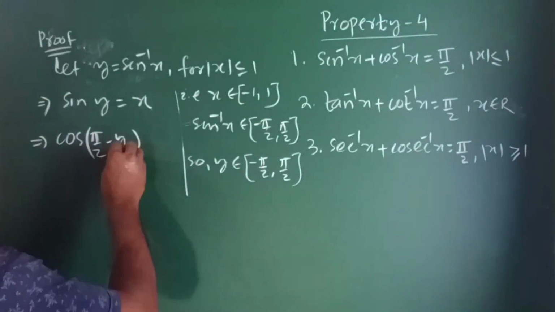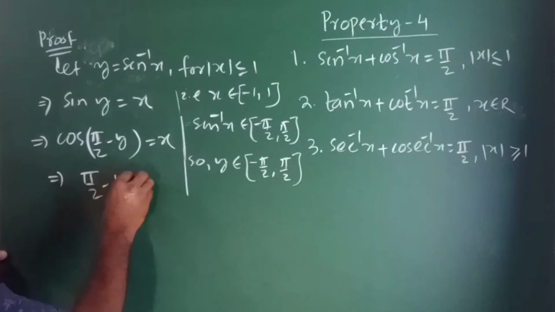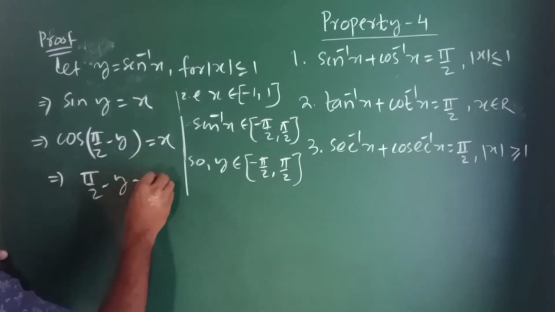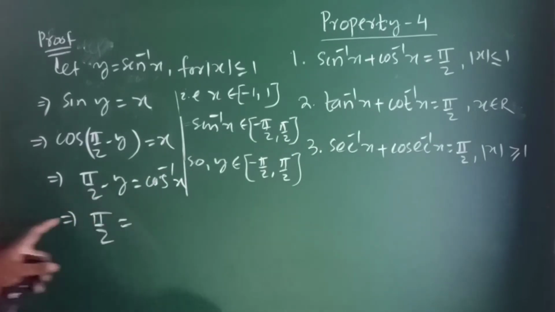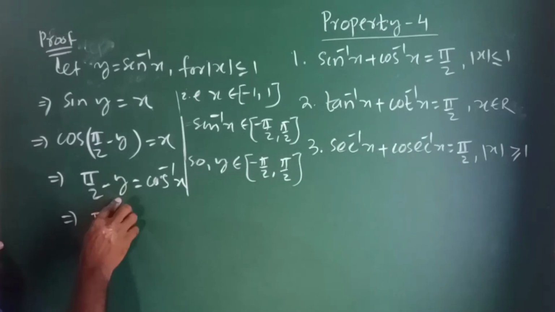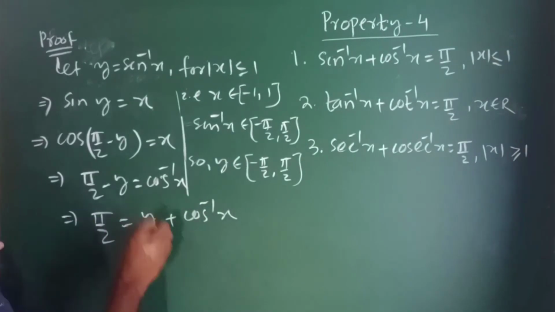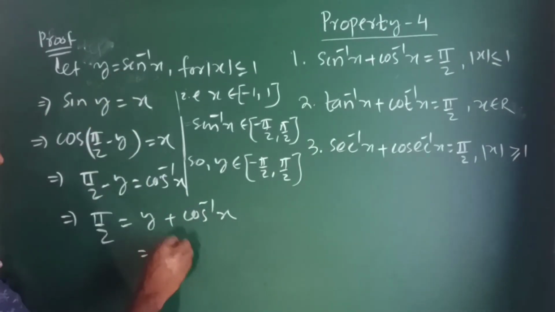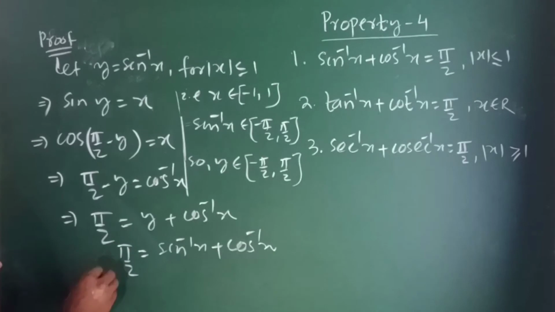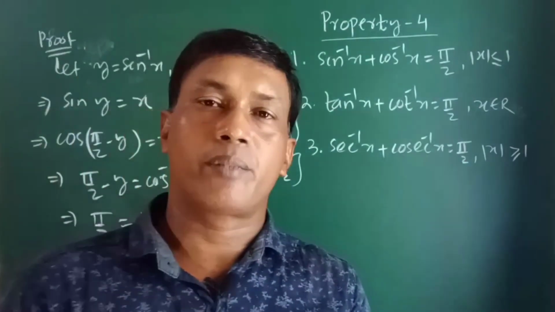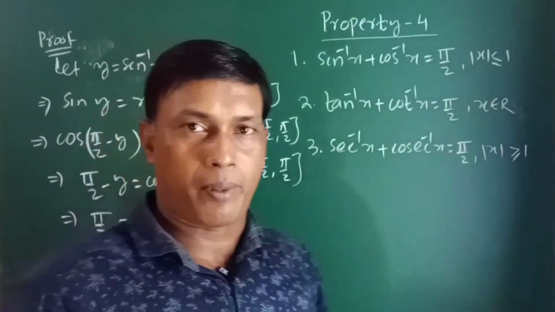So cos of 90 minus y is equal to x, which implies 90 minus y is equal to cos inverse x, which implies pi by 2 is equal to y plus cos inverse x, because minus y comes to the other side as plus. But y is sine inverse x. So sine inverse x plus cos inverse x, we get pi by 2. So sin inverse x plus cos inverse x is equal to pi by 2 under the domain closed interval minus 1 to 1. So this is proved.